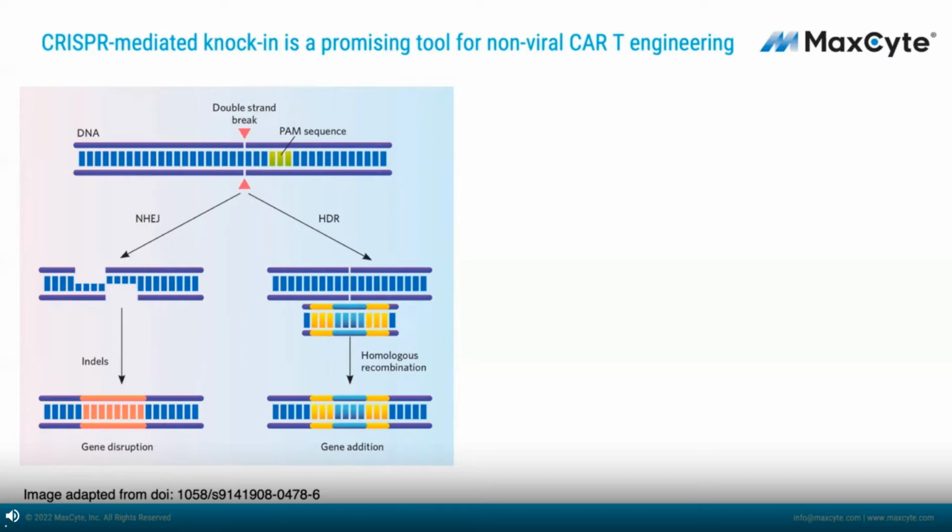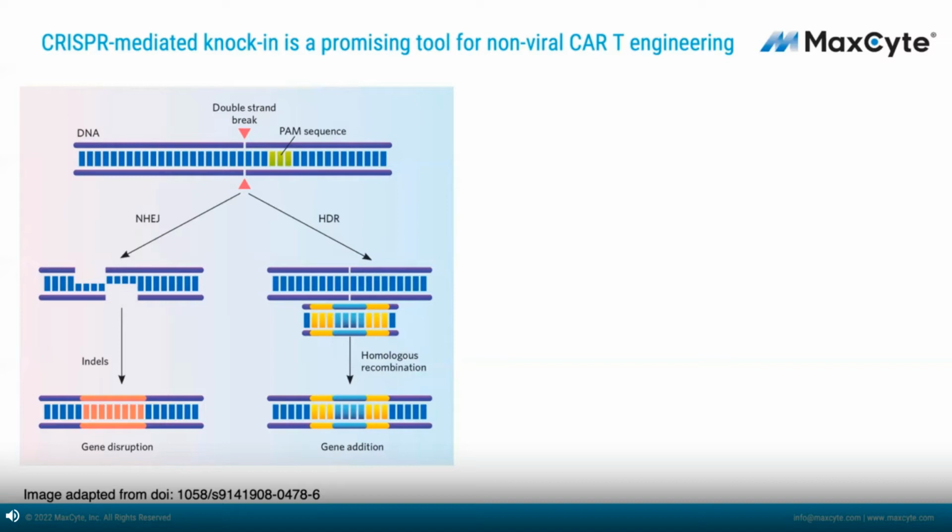You put these into your cell using a transfection method, typically electroporation, either using the MaxCyte electroporation platform or one of the various other platforms that are available. And once the Cas9 nuclease and the guide RNA is in the cell, you will have the Cas9 enzyme introduce a double-stranded break in the genomic DNA at the site specified by the guide RNA.